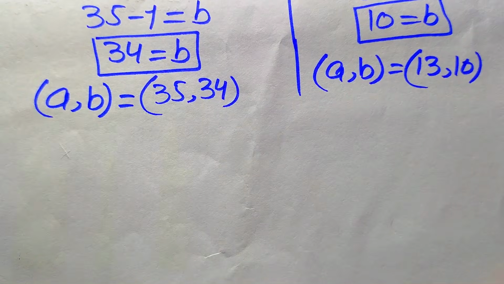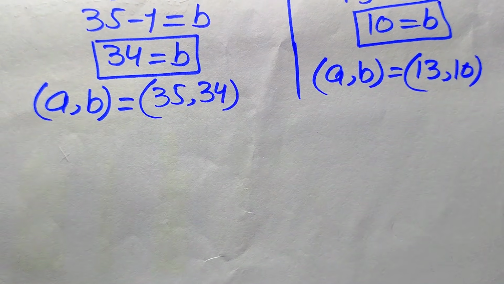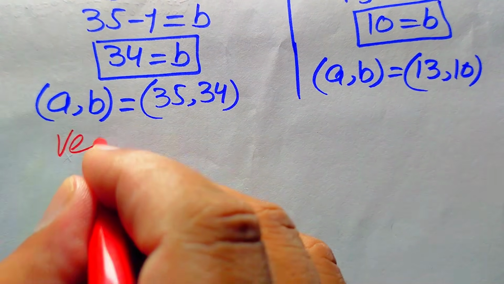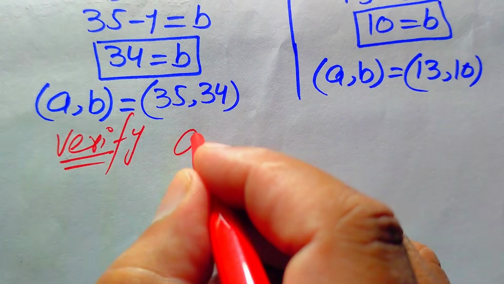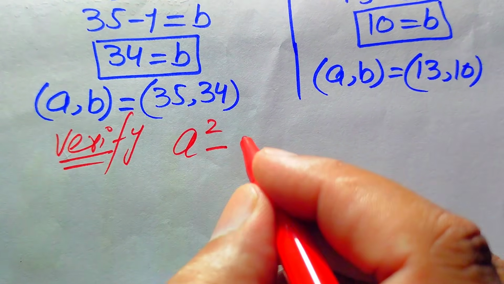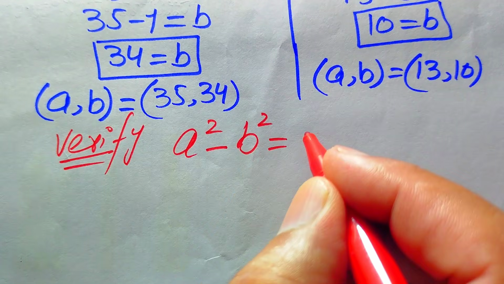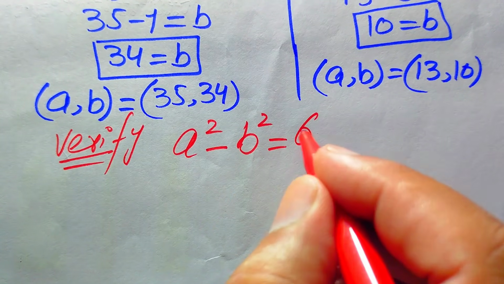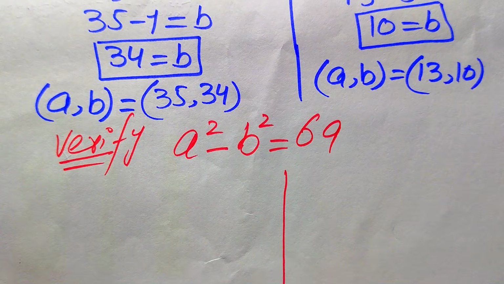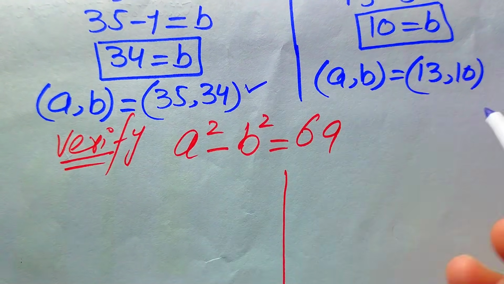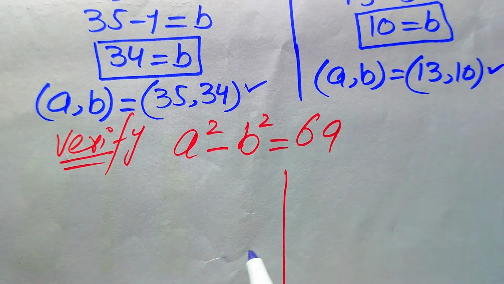So we have these two roots, and in the next step we need to verify whether these roots are solutions or extraneous roots. We copy down the given statement: a² − b² = 69.